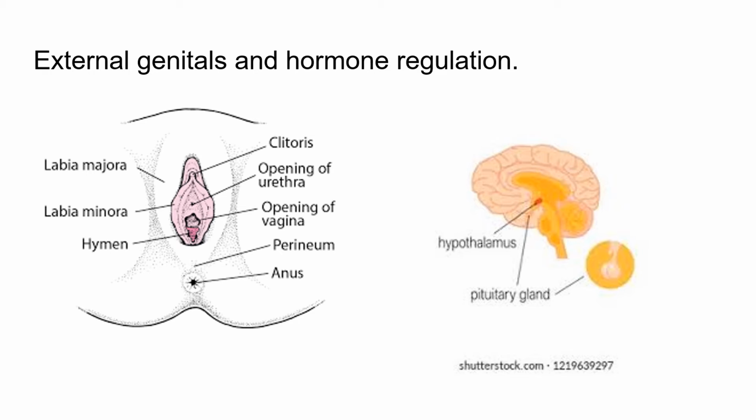Now, the last one is progesterone. It's also released from the developing follicles. It helps mainly with endometrial regrowth and controls FSH and LH release.